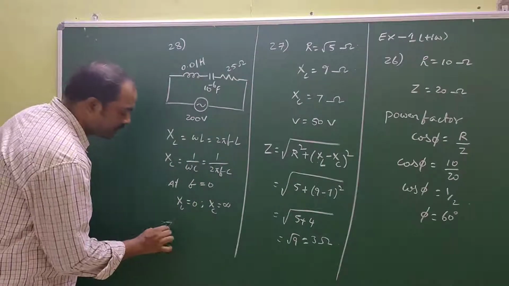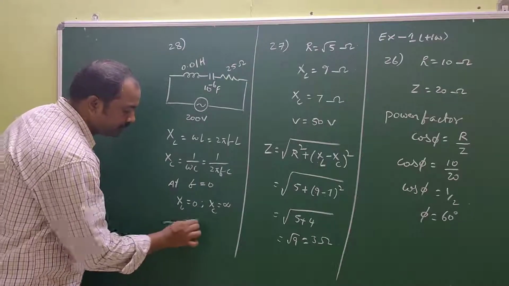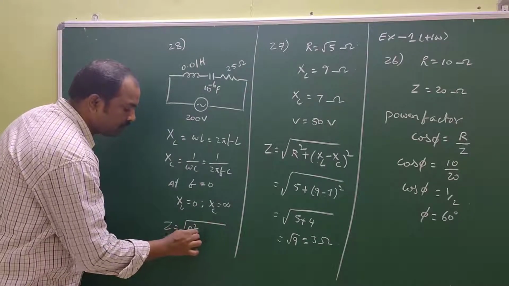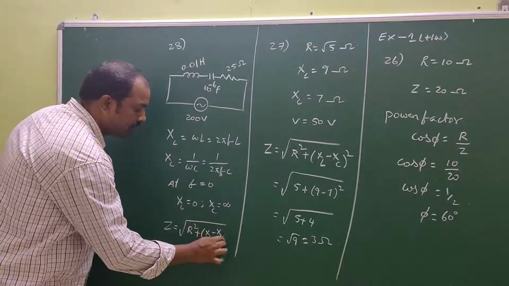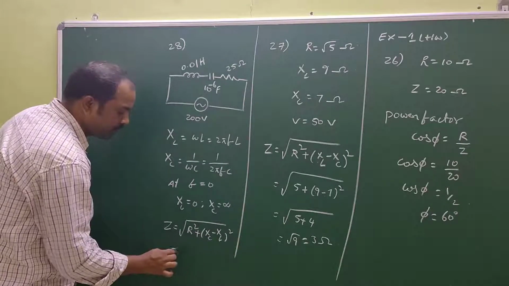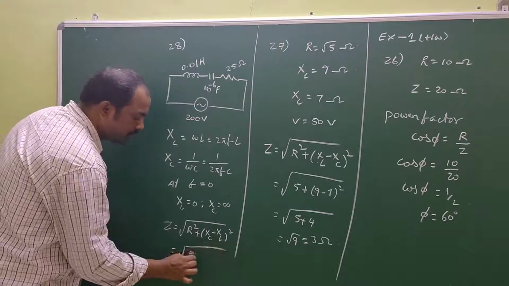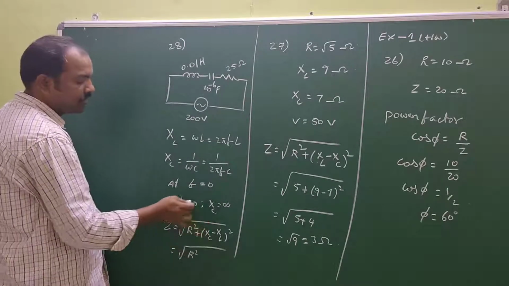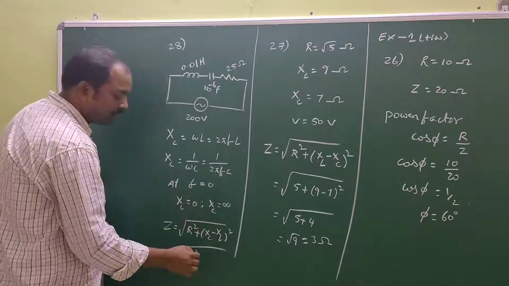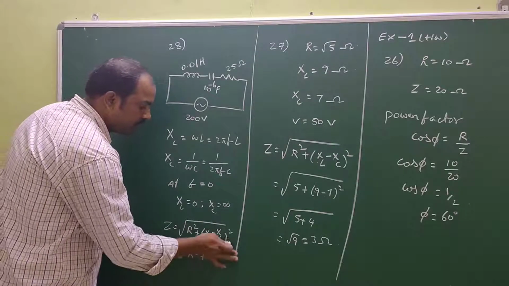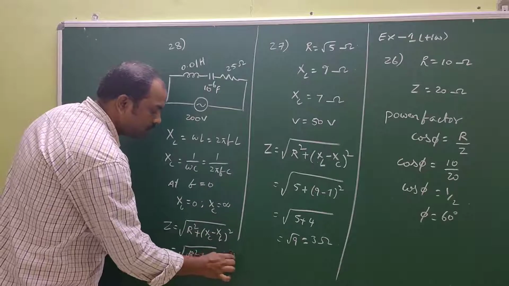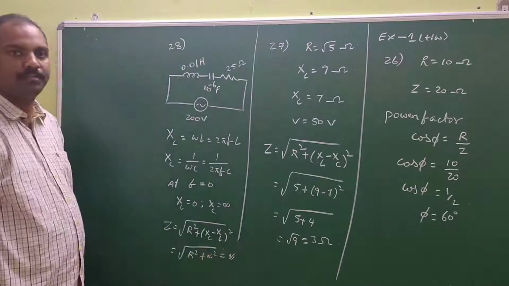So the impedance of the circuit is under root of R square plus (XC minus XL) whole square. XL is 0, XC is infinity, so plus infinity square. Infinity of something is infinity only. So that impedance is infinity.